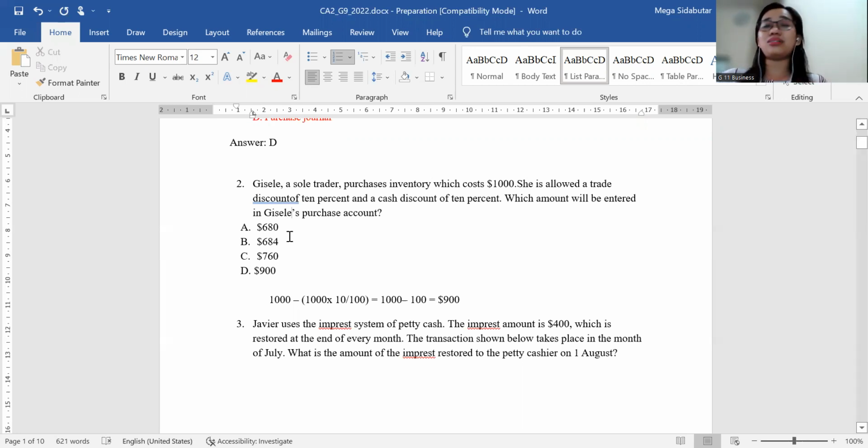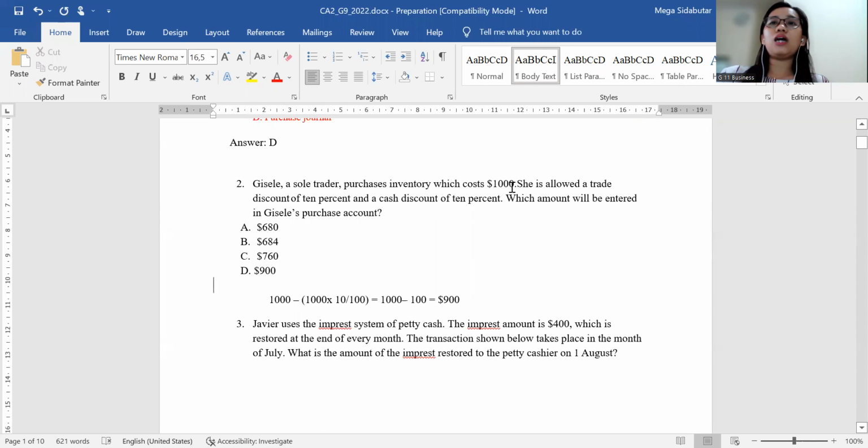So we already know this is the purchase account. Remember, we write on the purchase account at the first time Giselle purchases inventory on credit. So on the purchase account, we only write the amount after trade discount, because Giselle hasn't paid the loan yet.